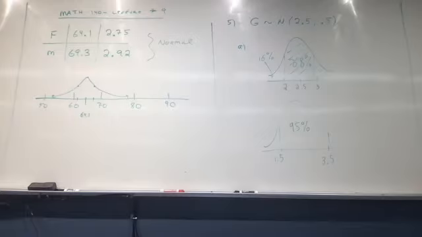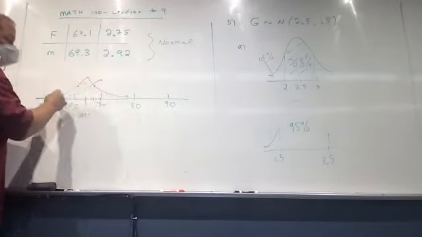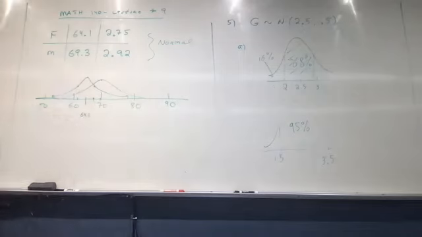How do I draw the one for the males? 69.3, which is about there. A little bit flatter because it's a little bit wider. So something maybe like that.